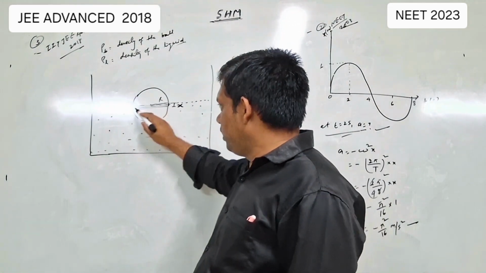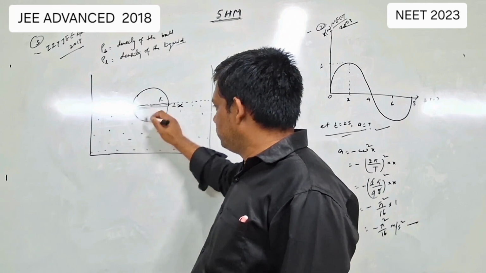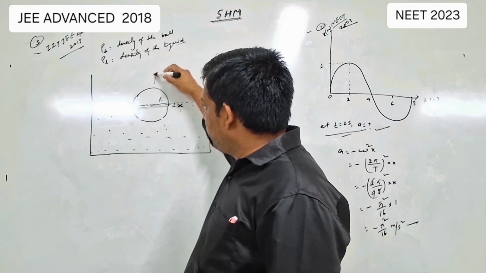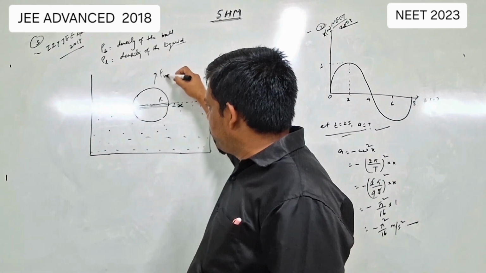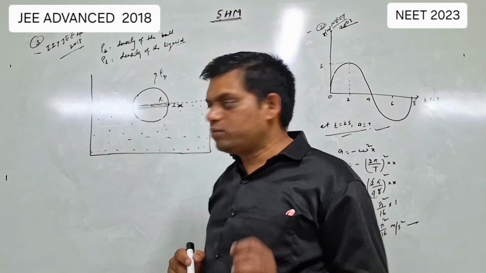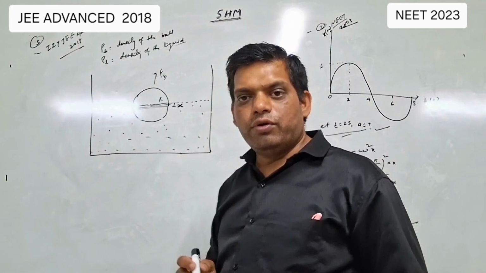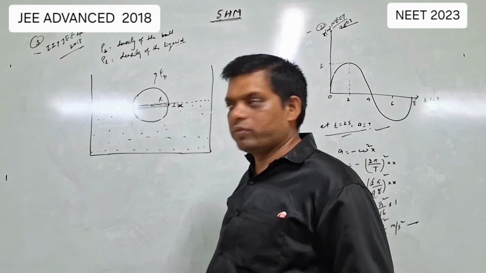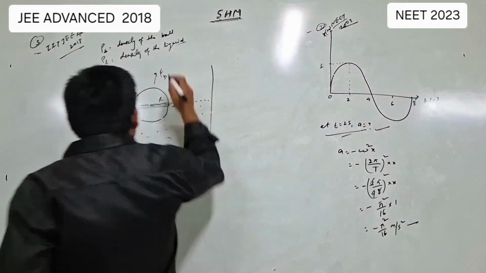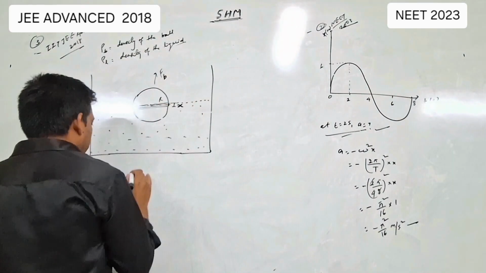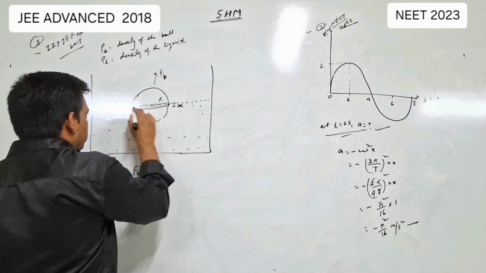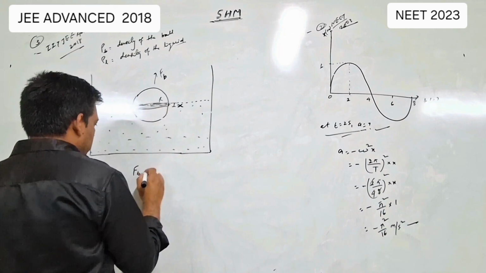Then the liquid will provide the buoyant force on the ball in the upward direction. This buoyant force will be responsible to move the body in SHM. So this buoyant force FB will be equal to, this portion is inside the liquid.